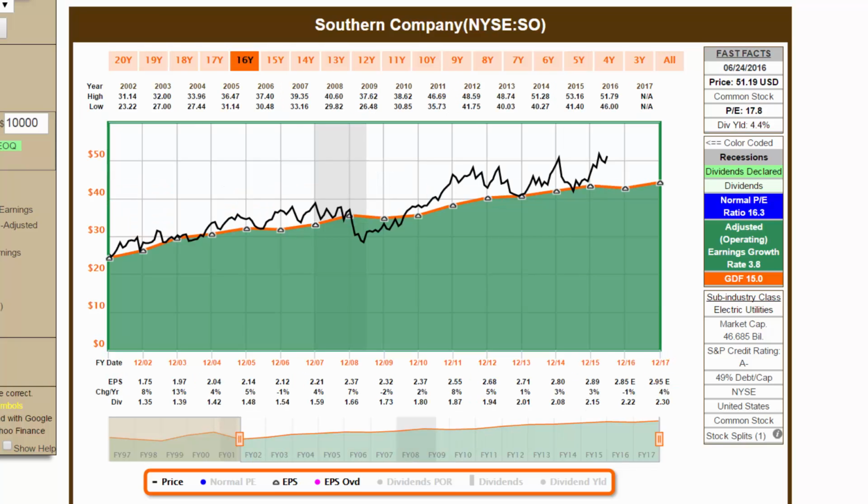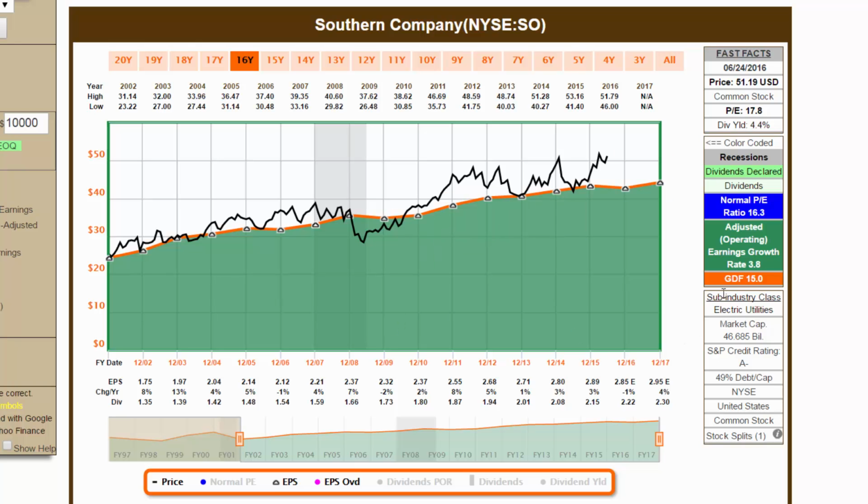Now, a simple way to utilize this line in your analysis, as I alluded to earlier, is to look at a company when its valuation is aligned with the line. For example, right here we have Southern Company trading at a PE ratio of 15.1, which would indicate it's only moderately or just slightly above the orange line.